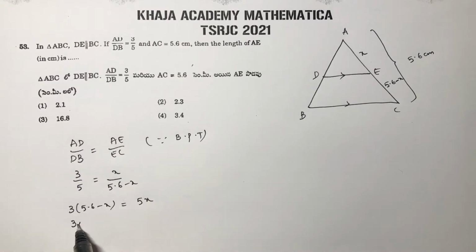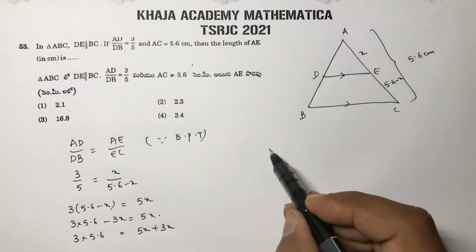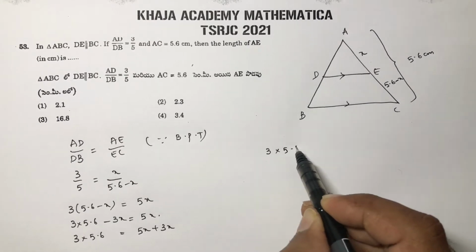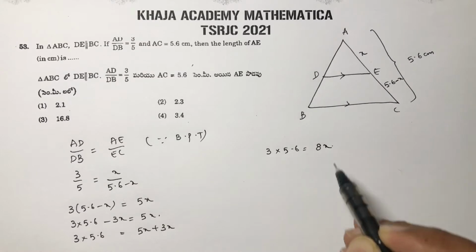So 3 times 5.6 minus 3X equals 5X. So 3 times 5.6 equals 5X plus 3X, if I transpose. So 3 times 5.6 equals 8X.